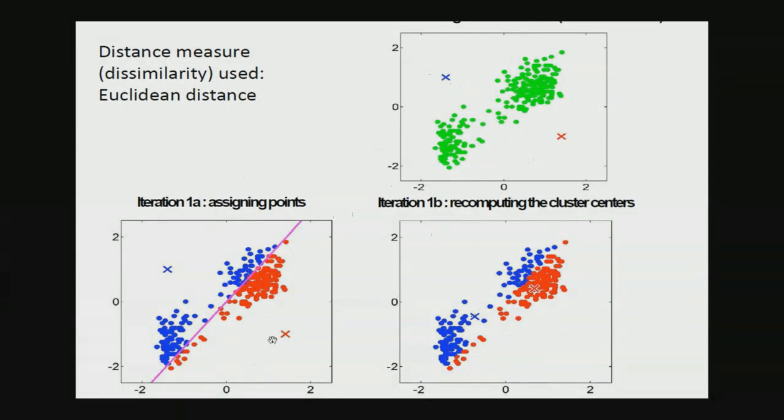And then from the starting points, for each of them, we calculate the distance to every single data point. For the blue starting point, we calculate this for every single point, and for the red starting point, we also calculate the distance.